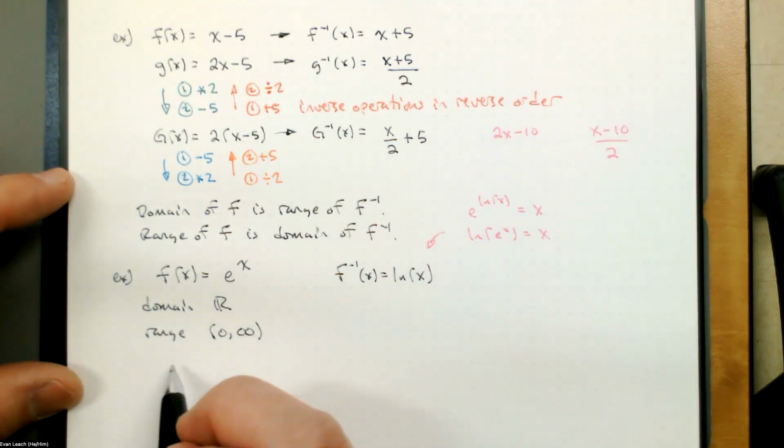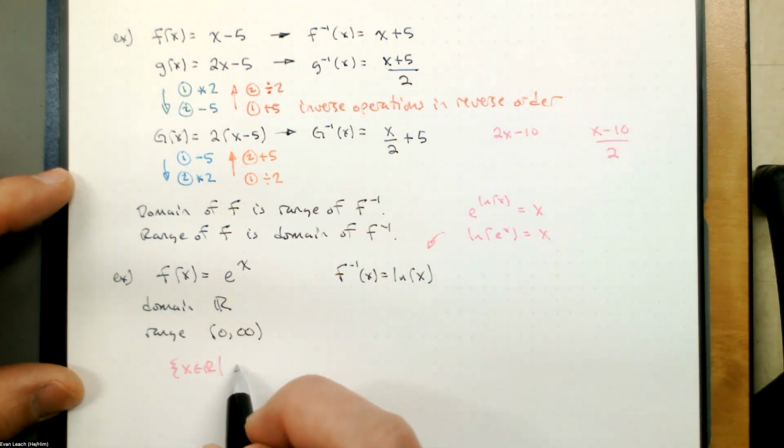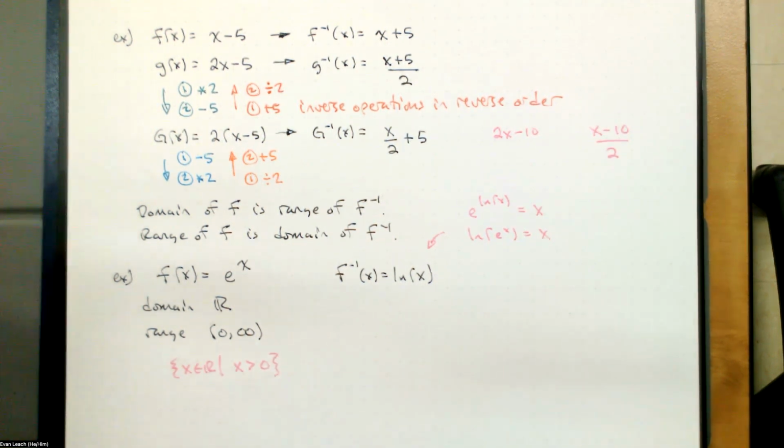So this here is the set of all real numbers that are strictly greater than 0. 0 is not included. We can't raise e to some power and come up with 0.